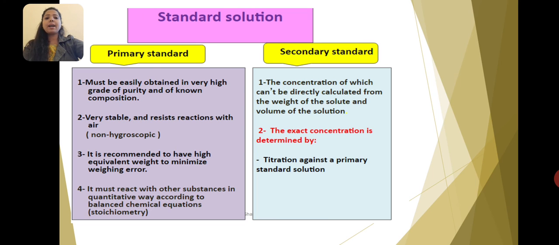In primary standard, it must be easily obtained in high grade of purity as compared to the secondary standard, and very stable, resisting reaction with the air. It means non-hygroscopic. It is recommended to have high equivalent weight to minimize the weighing error, and it must react with other substances in a quantitative way according to the chemical equations.